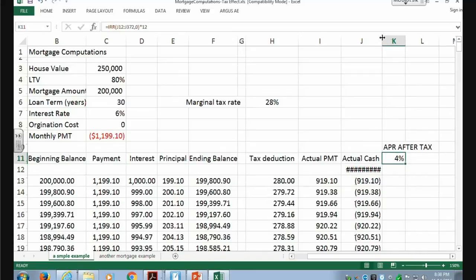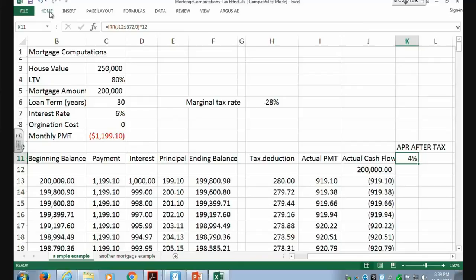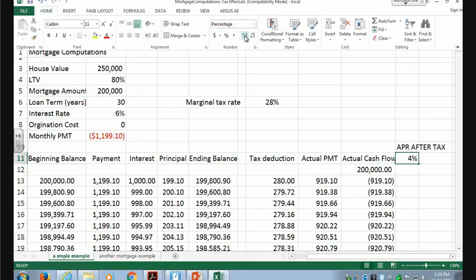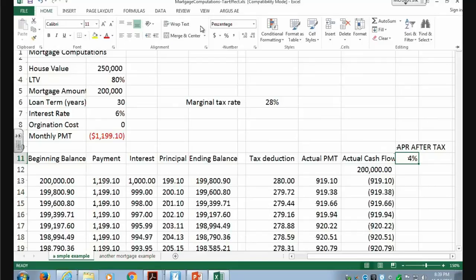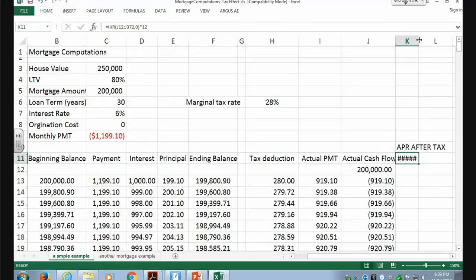It shows 4%, but you need to increase the decimal points, because I can always increase them. Anyone can see that? So it's 4.32% after tax.